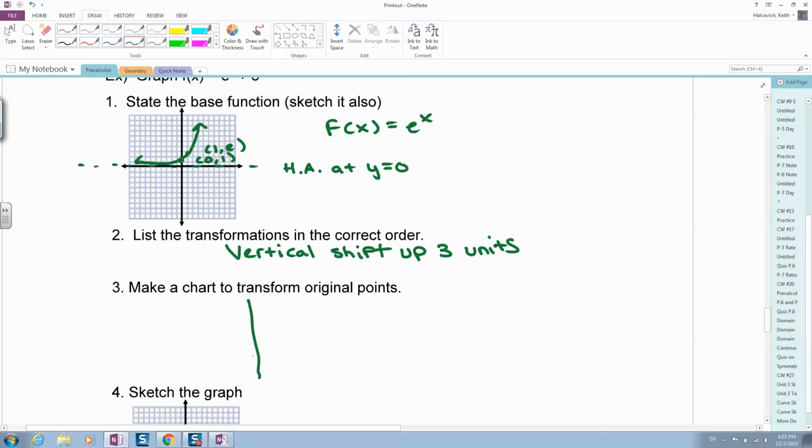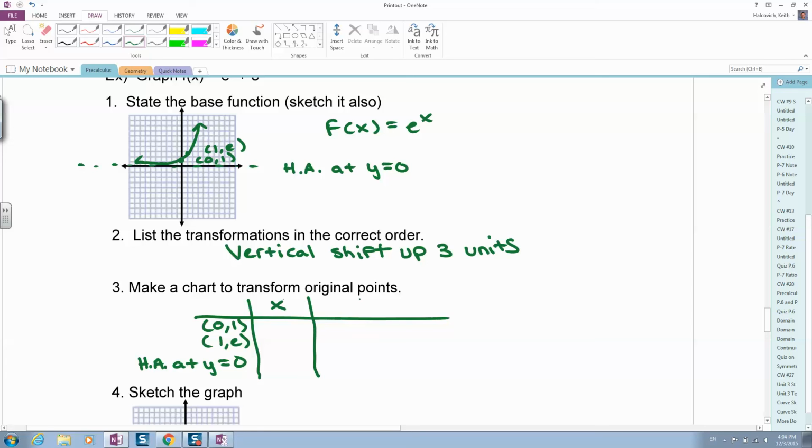So when you make a chart of the points that you graphed, well, you graphed 0, 1, you graphed 1, e, and then you graphed the horizontal asymptote at y equals 0. Those are three things that you graphed.